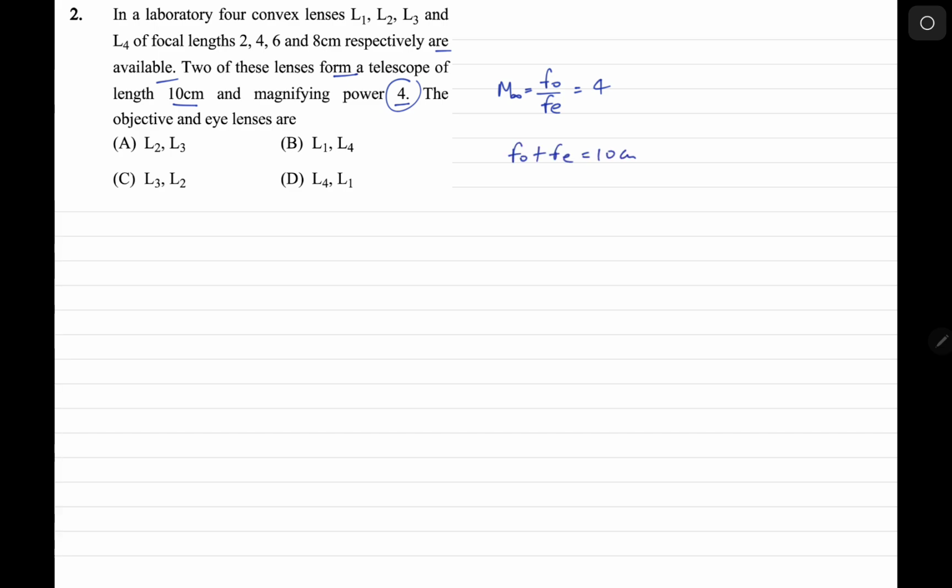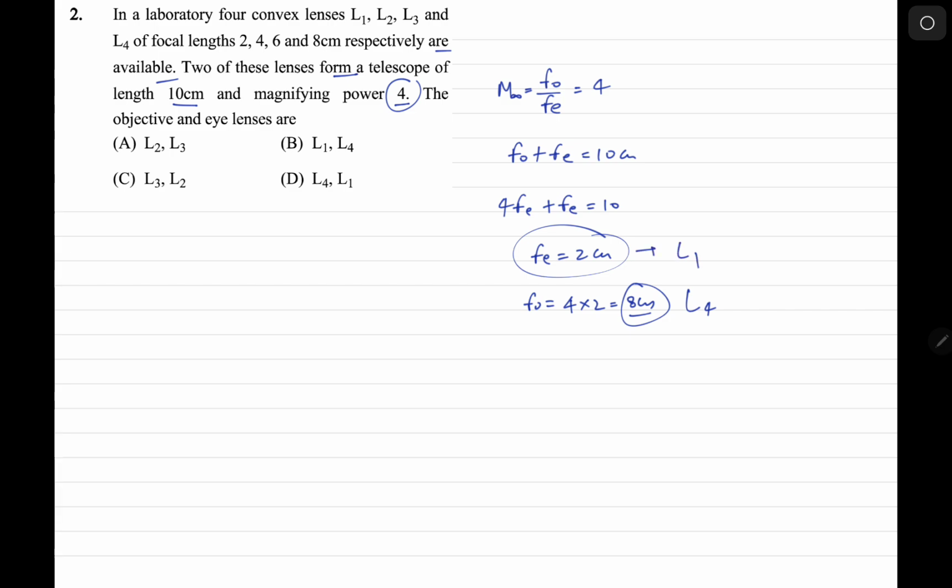The magnification is given as 4, and the length of the tube is 10 cm, which means FO plus FE is 10 cm. So again FO will be 4 FE, so 4 FE plus FE equals 10, so FE is 2 centimeter, and FO is equal to 4 into 2, that is 8 centimeter. So one lens whose focal length is 8 centimeter, that is our L4, and one lens whose focal length is 2 centimeter, that is our L1.